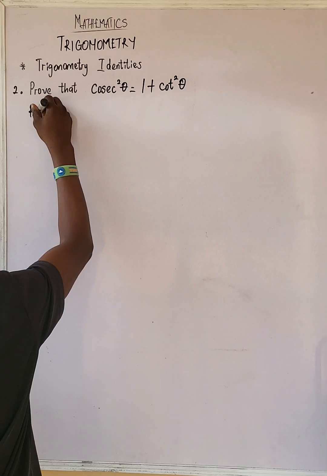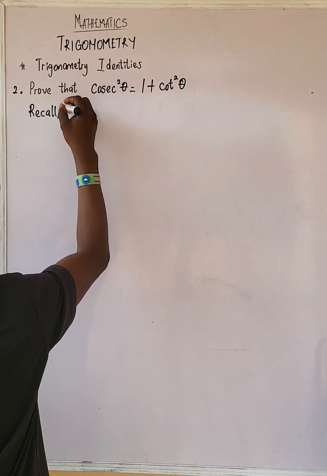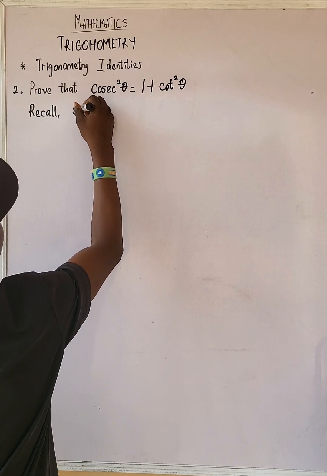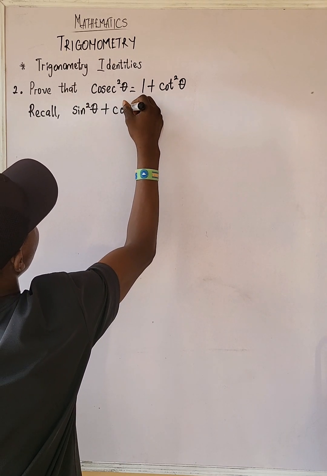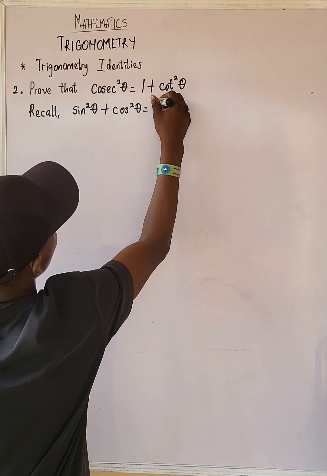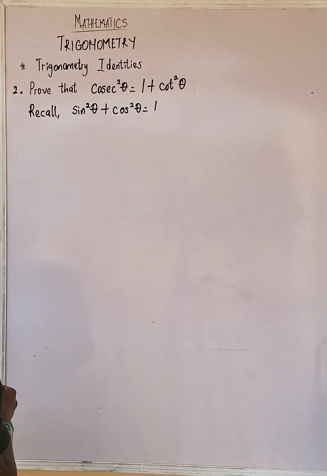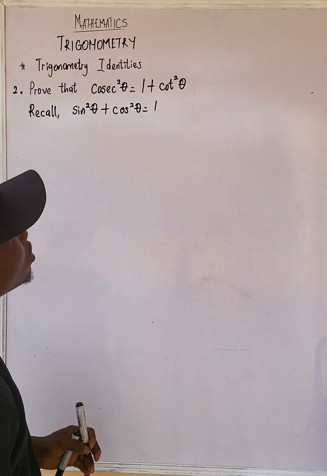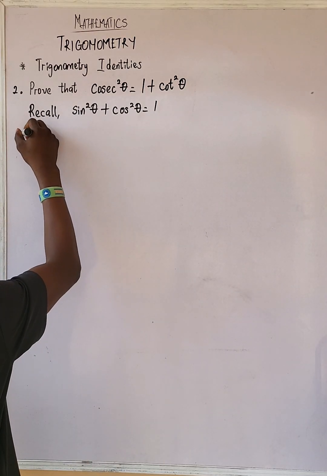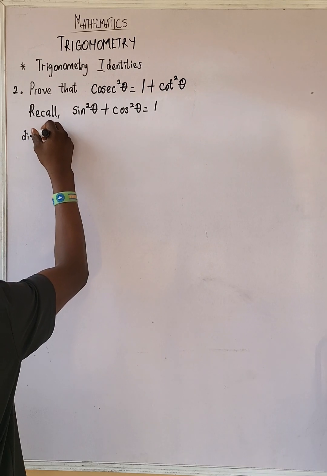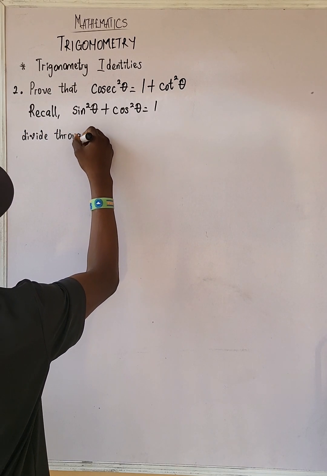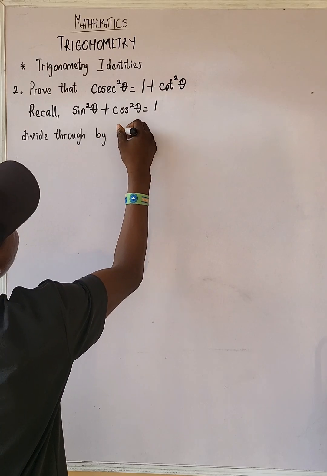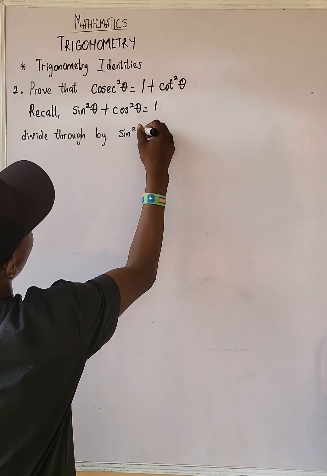Let's recall sin square theta plus cos square theta, which is the first trigonometry identity, is equal to 1. Now, from this, we divide all through by sin square theta.